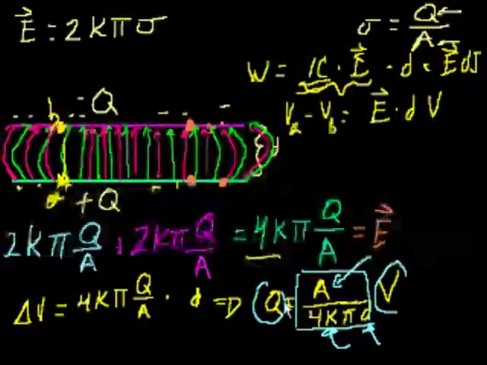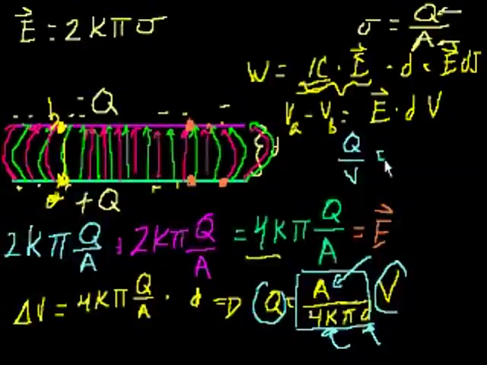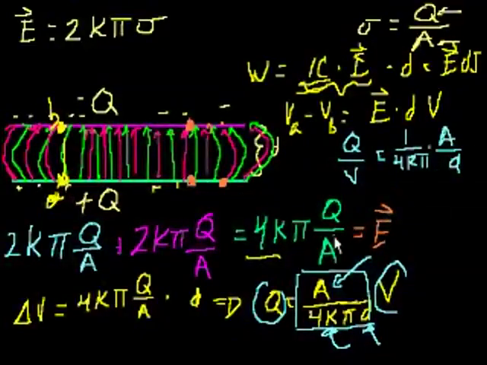And so another way of rewriting this, if we divide both sides by voltage, we get Q over V is equal to 1 over 4 k pi, area over distance.